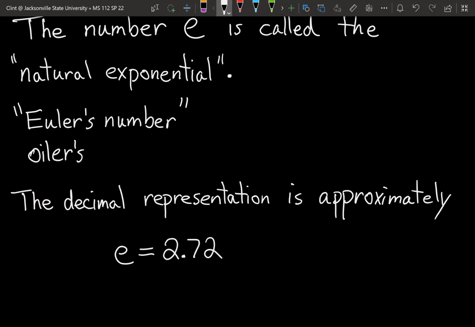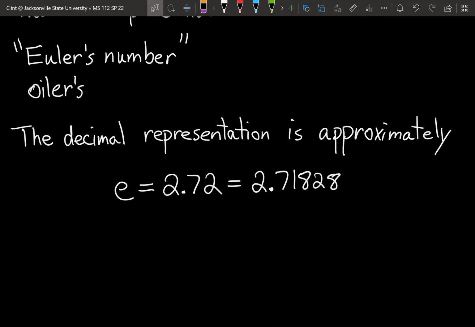I think WebAssign asks you for a few more decimal places here, so let me give you enough to make WebAssign happy. It's 2.71828 if you go out 5 decimal places. So between 2 and 3, but closer to 3.